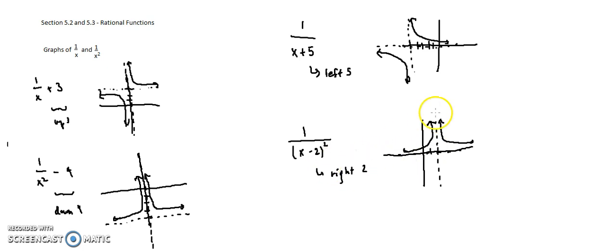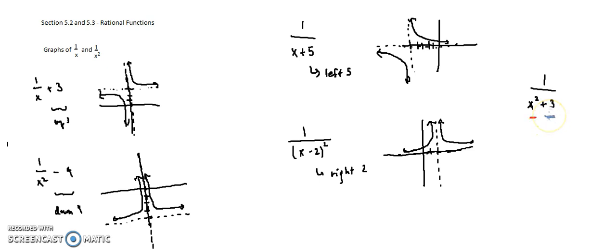Okay, so this gives us some basic graphs to start with. Now, we've got to be careful with this 1 over x squared one, like I said. Let's say we have the graph 1 over x squared plus 3. So we see this x squared right here, and we think, okay, I know the x squared graph, but the problem is this plus 3 right here, it's not inside the function and it's not outside the function.